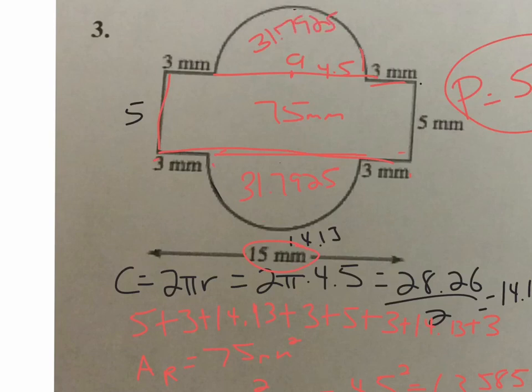And then we add all those together. So 31.7925 plus 31.7925 plus my 75, and your total area of this shape is 138.585. And we label it so millimeters squared.